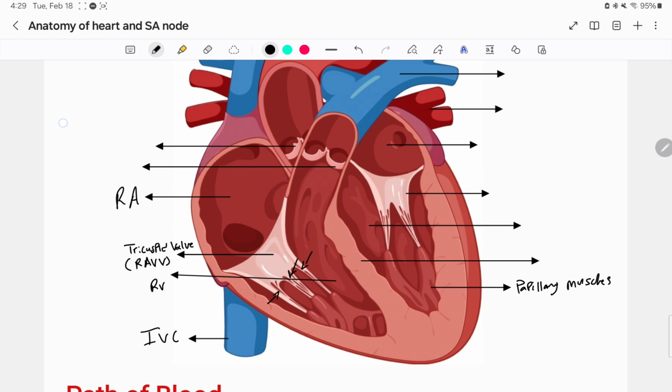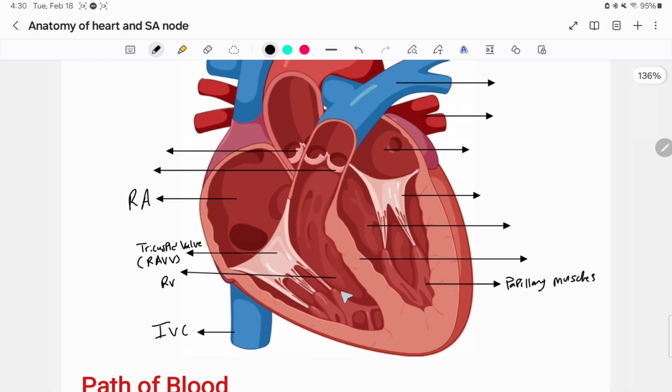So you can imagine the valve is like this when it's closed, but if the ventricle contracts and these chordae tendineae and the papillary muscles weren't there, the blood would hit this so forcefully that it would cause this flap to open up and allow the blood to go back towards the right atrium. So the presence of the chordae tendineae and the papillary muscles prevents the regurgitation of blood back towards the right atrium by keeping the actual valve closed.